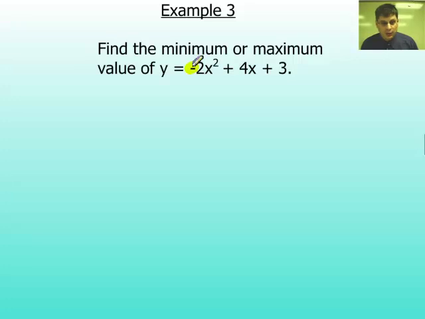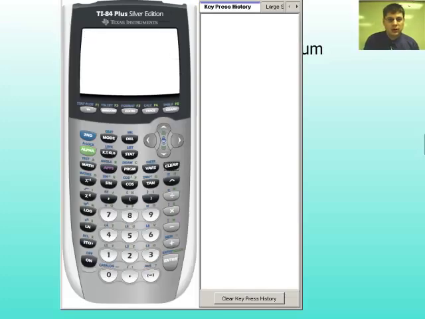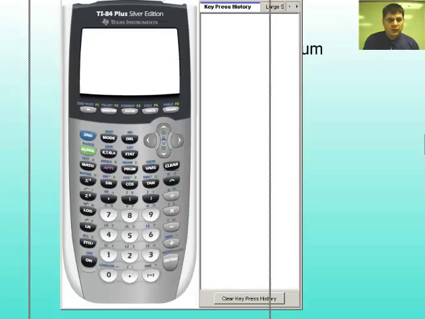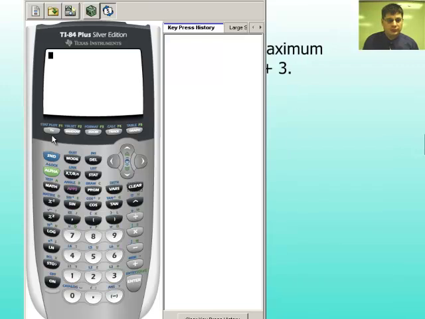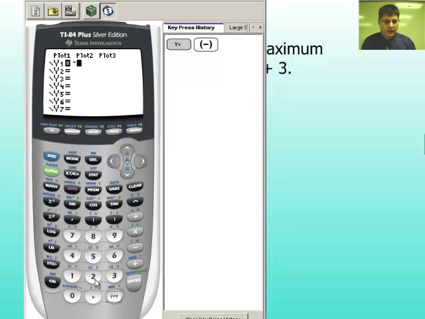We could do it that way, or if we have a calculator available to us, and we do, we can use that. So here's how you can do this on a calculator. The first thing I'm going to do is graph the equation.